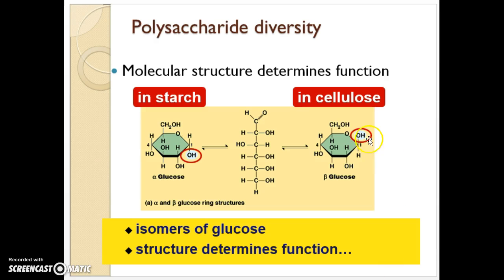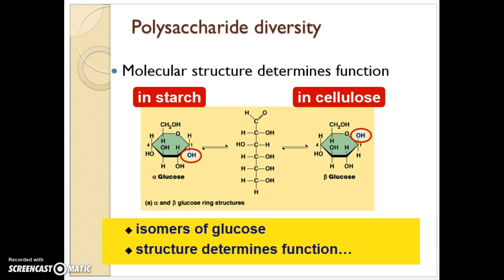And it is simply going to be a structural isomer where the hydroxyls are reversed in this one spot, at the one carbon spot. But these two ring forms differ in terms of giving a different function to these two types of glucose.